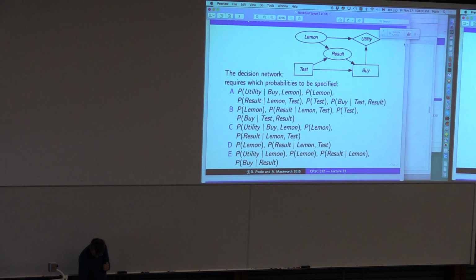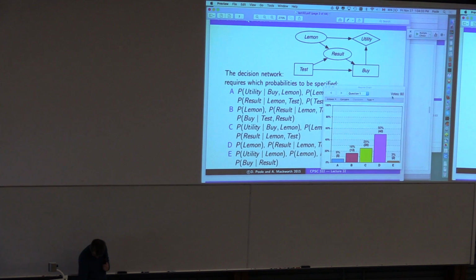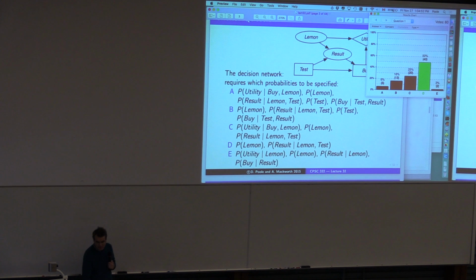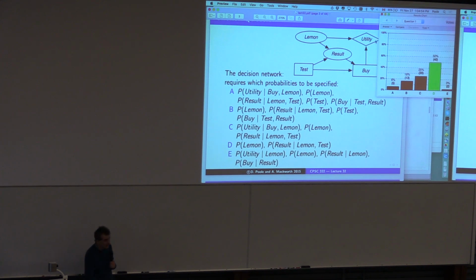We'll stop. The answer is D. Oh, only half of you got that. There is no probability of the utility. There's a utility function on this. There's only probabilities of random nodes given their parents.